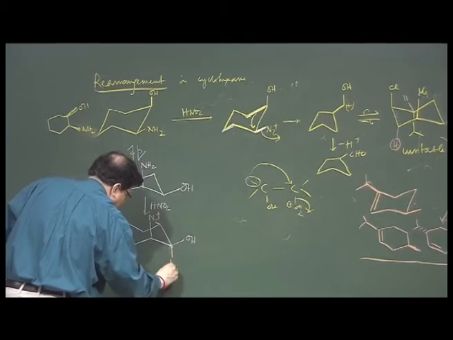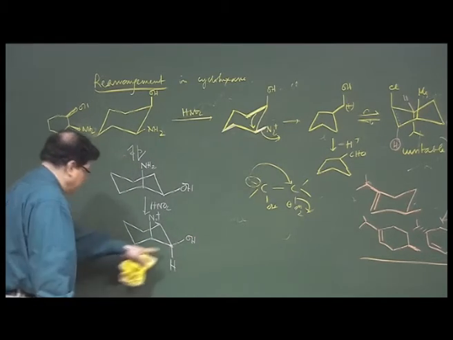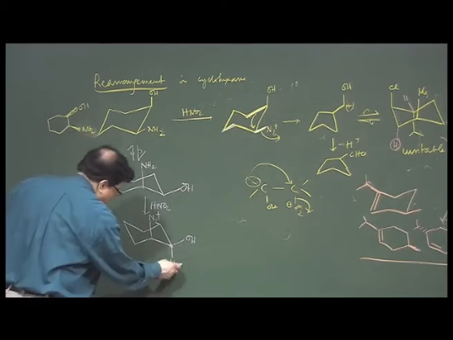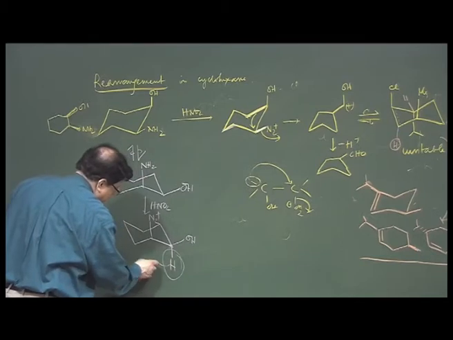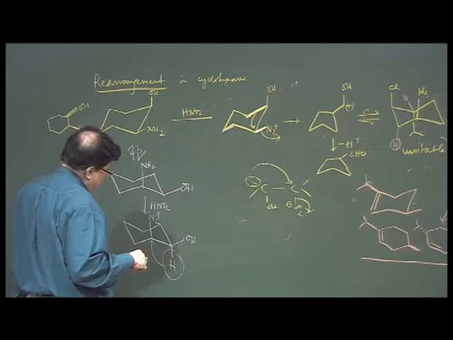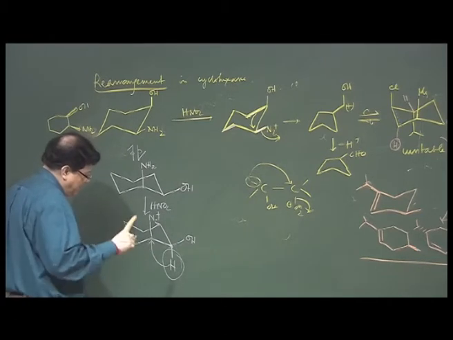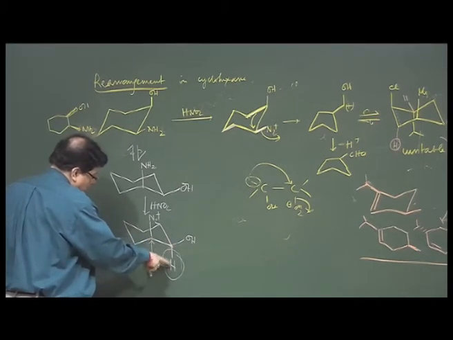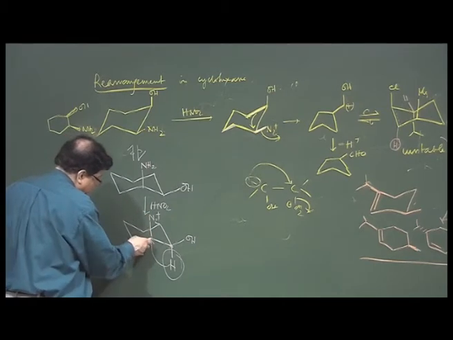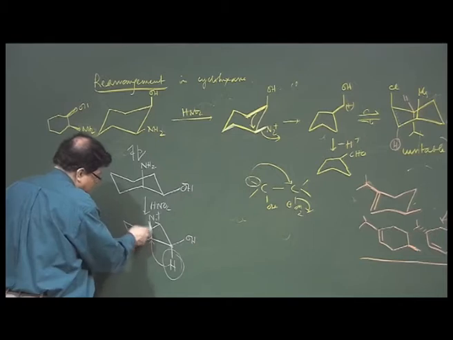But now you have the CH bond which is anti to the carbon-nitrogen bond. So, this hydrogen is now in a position to migrate, because it fulfills that stereoelectronic requirement that the migrating group should have the bond which is anti to the bond that is being broken, the bond containing the leaving group.